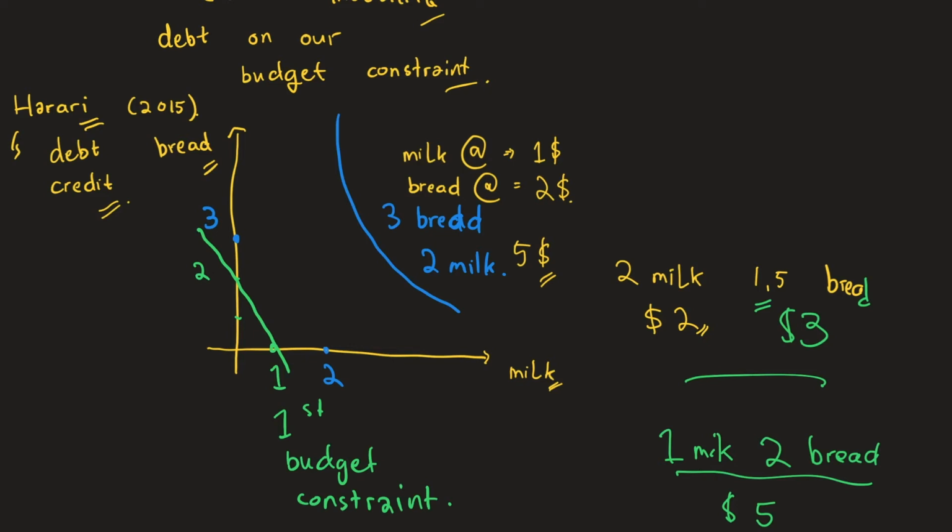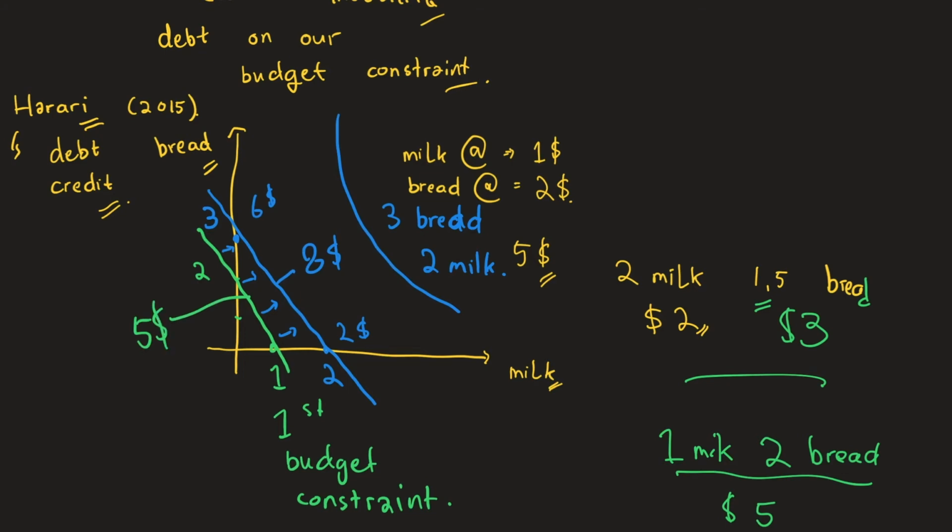With this new scenario, you need 3 bread, which means $6, and 2 milk, which means $2. So you have to improve your budget constraint to this level, which is $8, and the previous one is only $5.